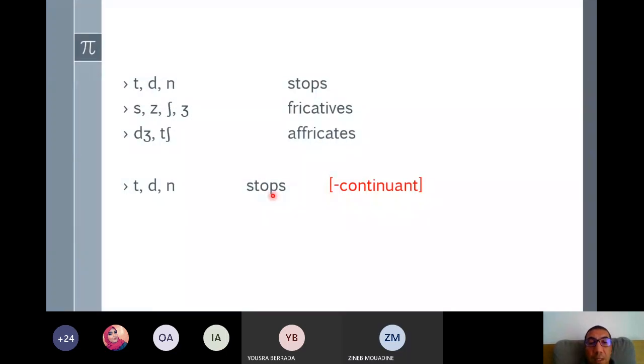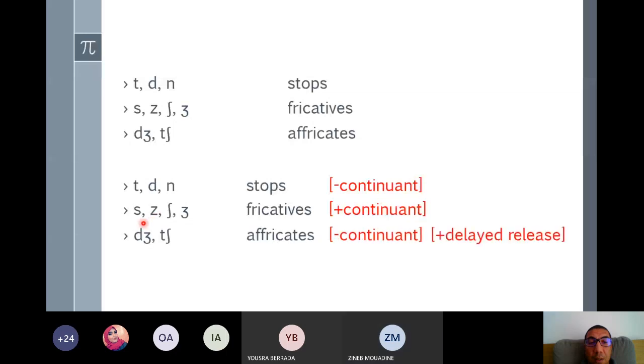So these are nasal stops, oral stops are minus. The fricatives are plus continuant since the airflow does not stop. You can call z, sh, j, and the airflow is plus continuant.